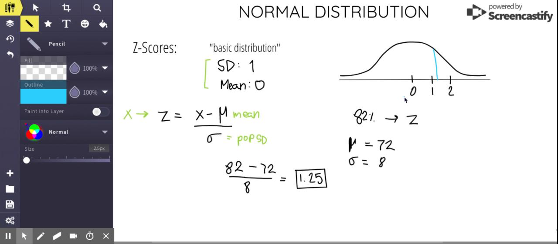And any other calculations that you would have to do with z-scores, that's basically going to be in your calculator. So basically, if they're saying a probability of a z-score being between, let's say, 0 and 1, or 0 and 2, then that's something that you would have to add on your calculator.